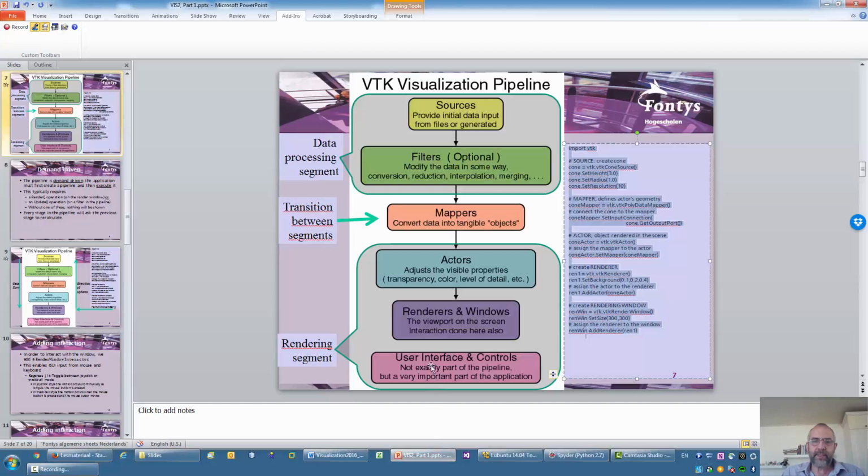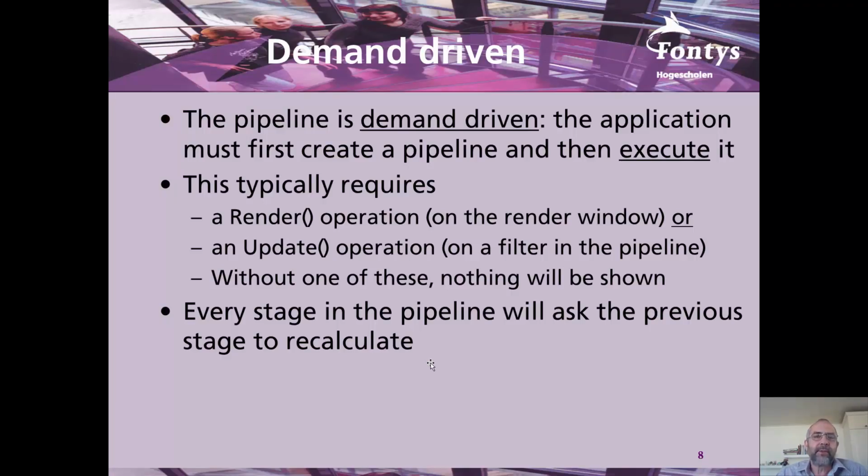That has to do with the nature of VTK, because VTK is what we call demand driven. The pipeline that I talked about before, which has a data source in the beginning and a render window at the end, operates in a demand driven way.